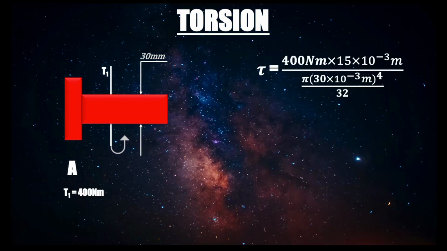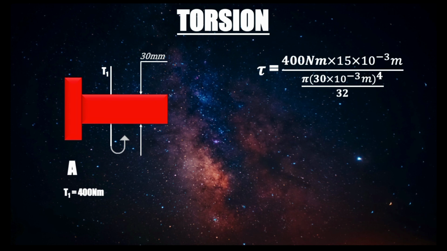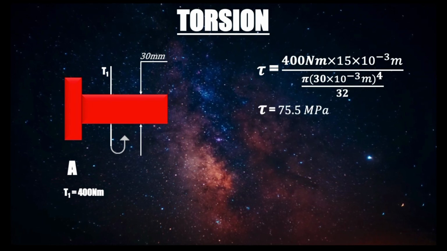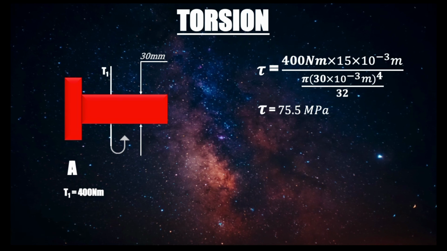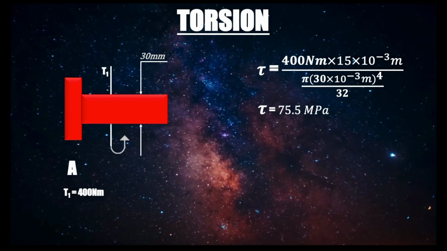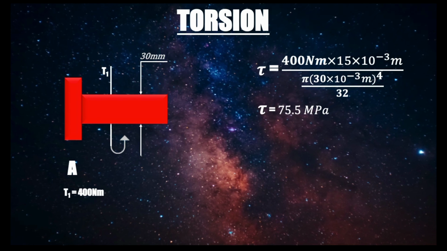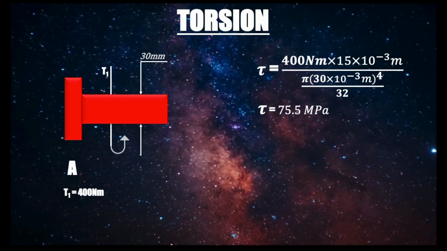Now it's a matter of substituting everything in our formula, and we're going to have 75.5 megapascal. If you don't want to change anything to megapascal, you can just leave it in Newton per square meter and write 75 times 10 to the power 6, since mega is 10 to the power 6.